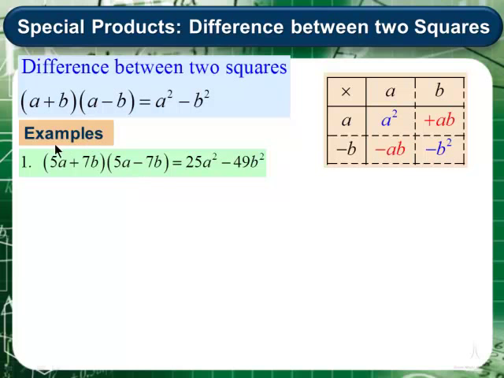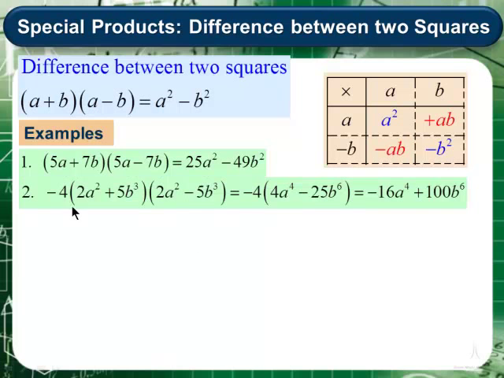Immediately we can write down the square of the first term, 25a squared, and the square of the second term, 7b all squared, gives us 49b squared, and then we put a negative in between, as we've seen from our general case that we considered before. So the answer is then 25a squared minus 49b squared, and the middle terms will cancel. That is then the difference between two squares as an expansion of such a product.